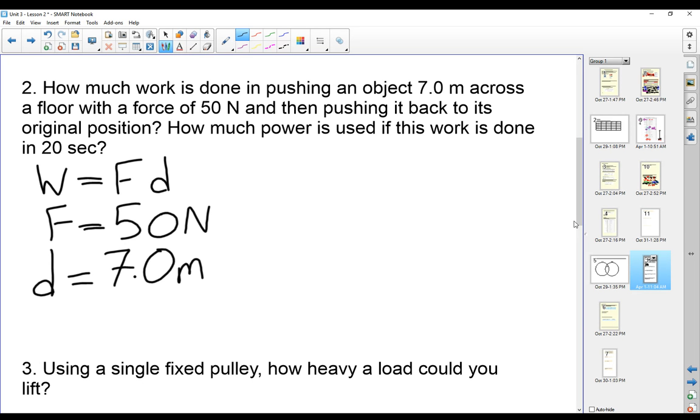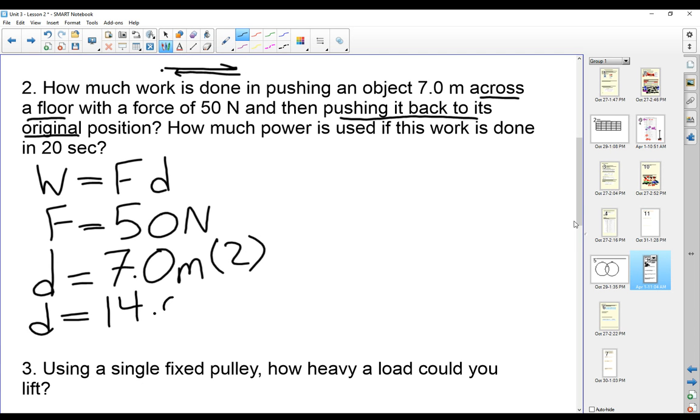No, because it's pushed across a floor and then pushed back to its original position. So it went there and then it went back all the way to point A. So we have to put times 2, which means our distance is 7 times 2, which is 14 meters. We are ready to do the math now, which will be 14 times 50, because work is equal to F times d.